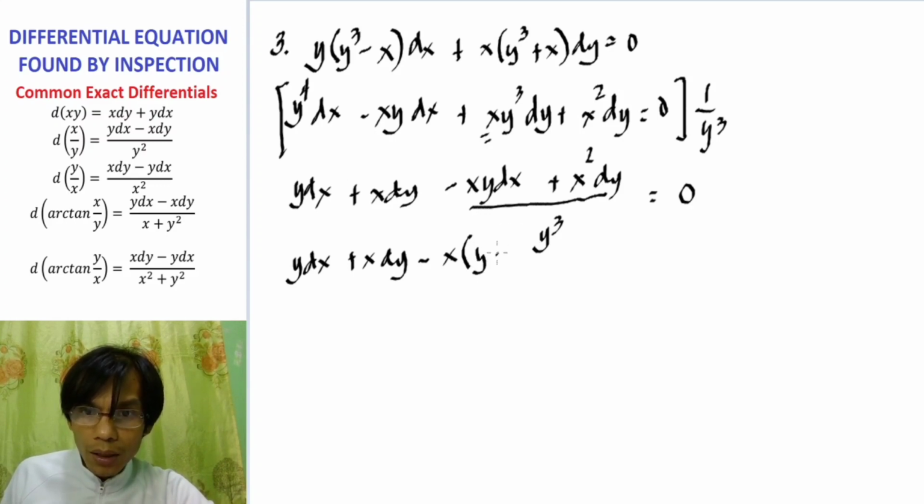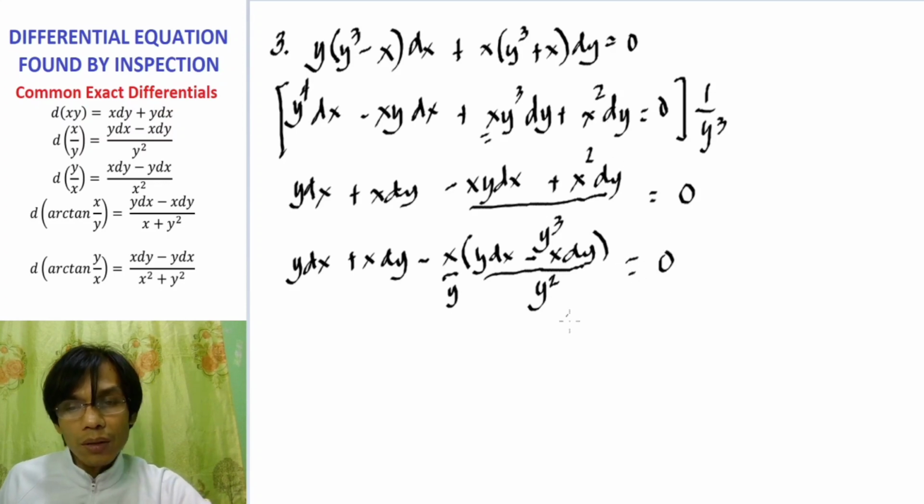So you have y dx, of course, we have minus x dy, okay? And then for an exact differential, we have to put y squared in here. Since this is y cubed, the other one is put in here. So that is equal to 0.